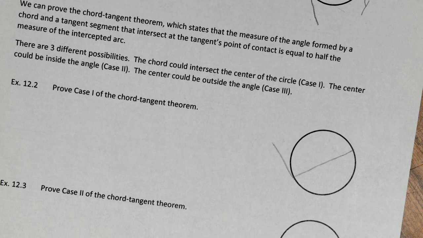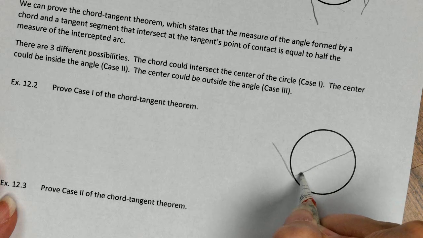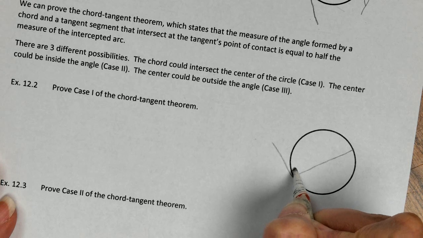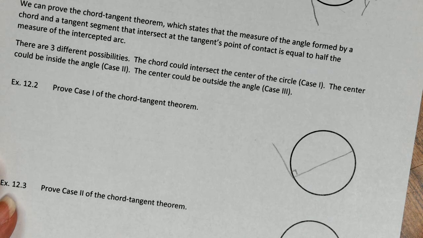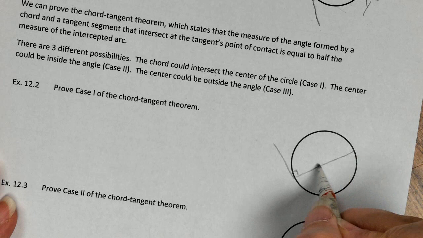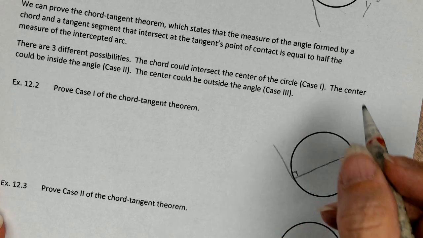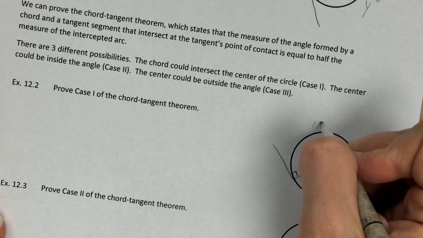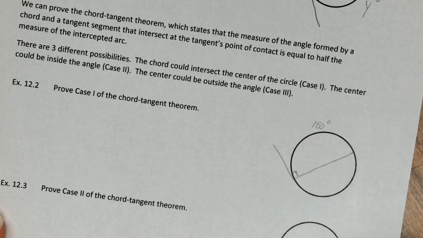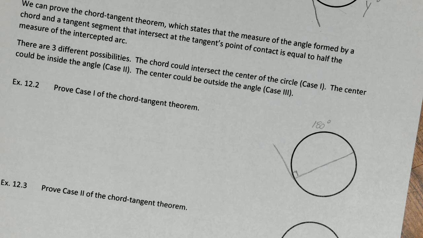And we already know that a tangent is always perpendicular to some radius. This is a radius. These are perpendicular. We also know that a diameter cuts a circle in half. So the arc is 180 degrees, but a right angle is 90 degrees. It's half.